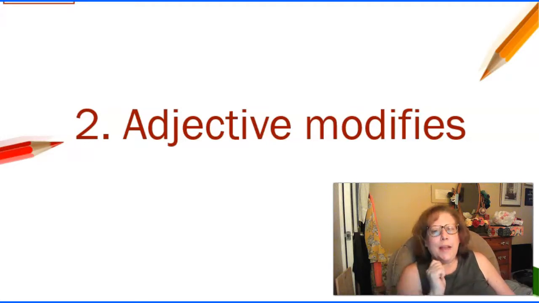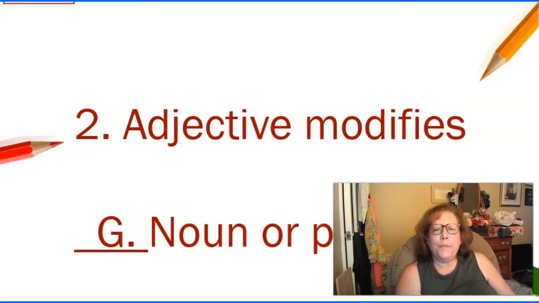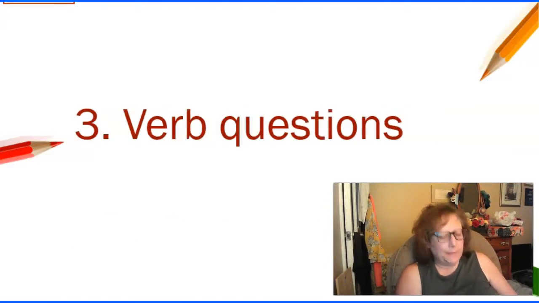And I want you to put it in, and then I'll show you the answer in just a second. So you work down that list and check everything, and you want to find out what adjectives hang out with. So look down that list, put something in the blank, and here's the answer. Hopefully you put G, noun or pronoun, because we know that adjectives hang out with nouns and pronouns.